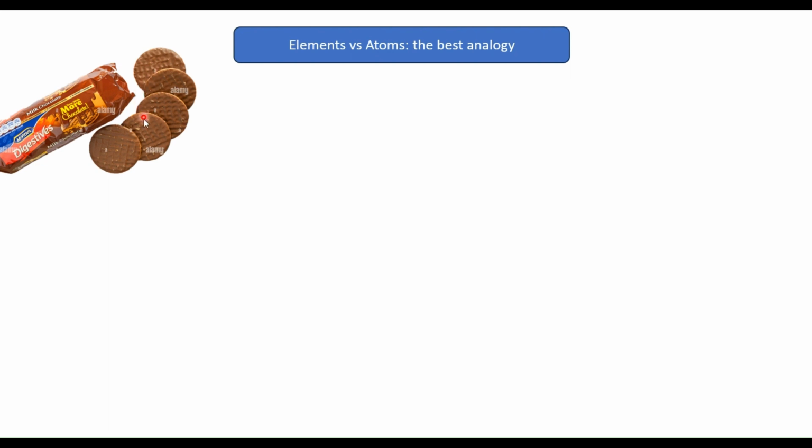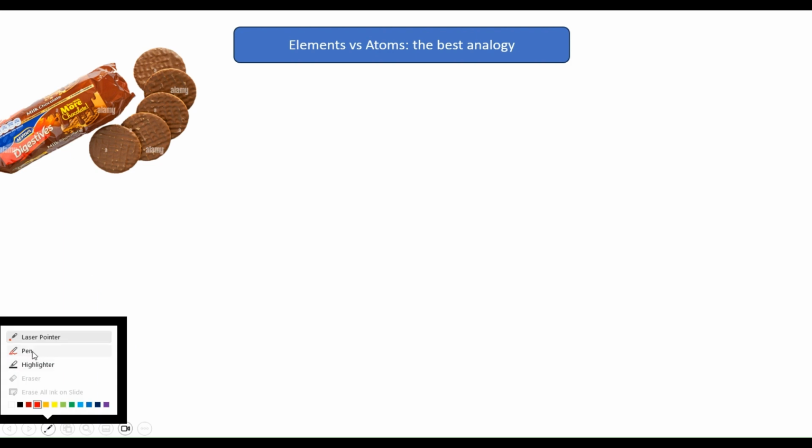The contents are the ones that matter. But if you want to buy it, or refer to this biscuit, you refer to the name on the rubber, to know what kind of biscuit we are eating. So this analogy is what works for the definition of what an atom is.